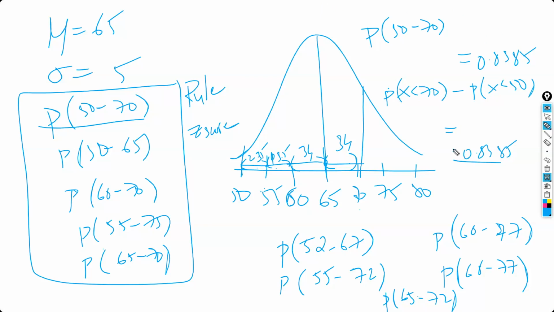Both the options I'm going to try and I will cross check whether both the options are giving the same answer or not. These all can be applicable only if it is normally distributed data and the mean and standard deviation are given. Everyone is clear, right? Anyone has any questions? So in the task, 5 questions you have to do using the rule and Z-score, and 5 questions you have to do based on these two.